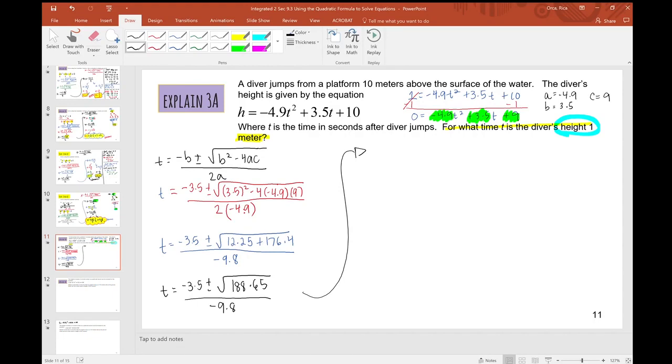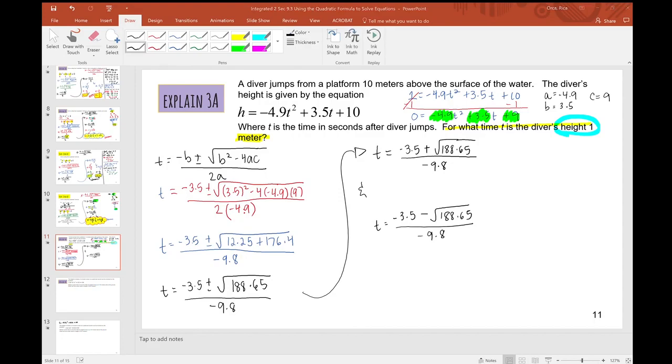So let's type this into our calculator. We have t equals negative 3.5 plus the square root of 188.65 all over negative 9.8, and we also have t equals negative 3.5 minus the square root of 188.65 all over negative 9.8.